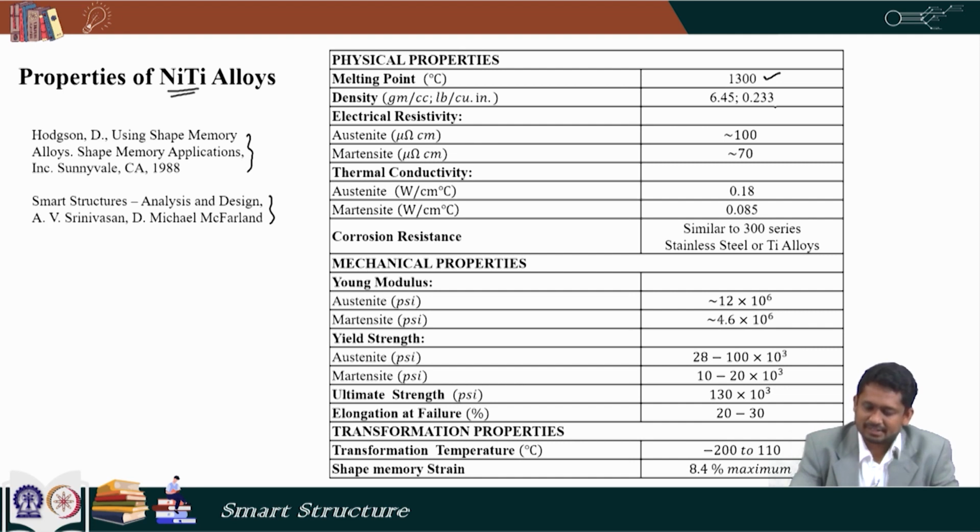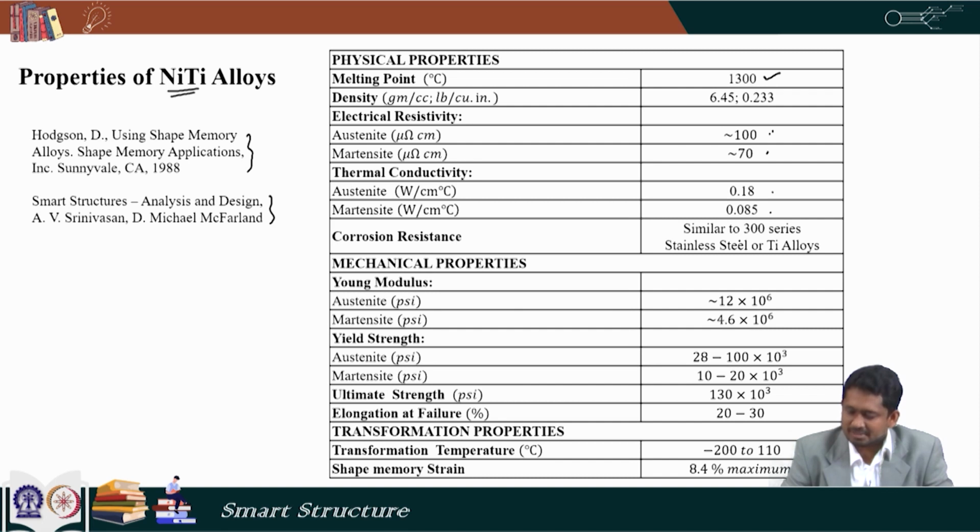Electrical resistivity in the austenite phase is around 100 micro ohm centimeter. In martensite it is 70 micro ohm centimeter. So we can see that the properties change when phase transformation takes place. Thermal conductivity in austenite is 0.18 watt per centimeter degree centigrade. In martensite it is 0.085. Again we can see it is less than half.